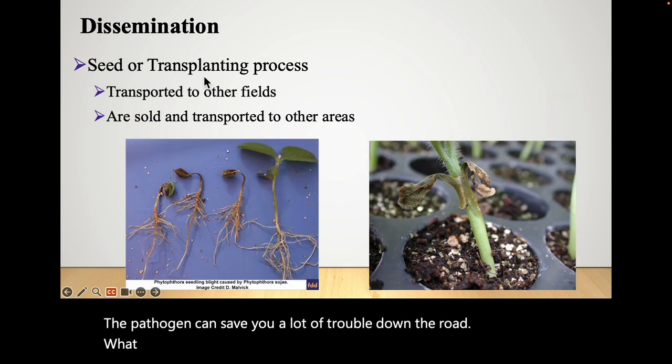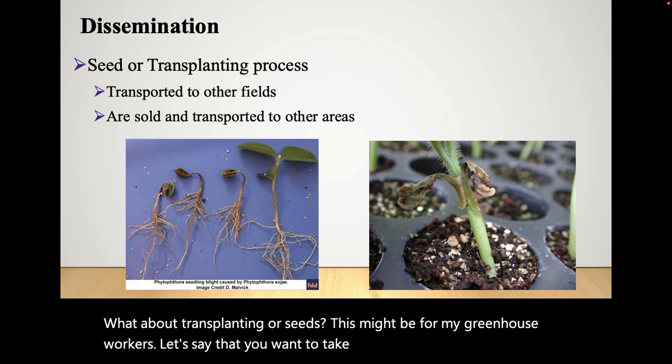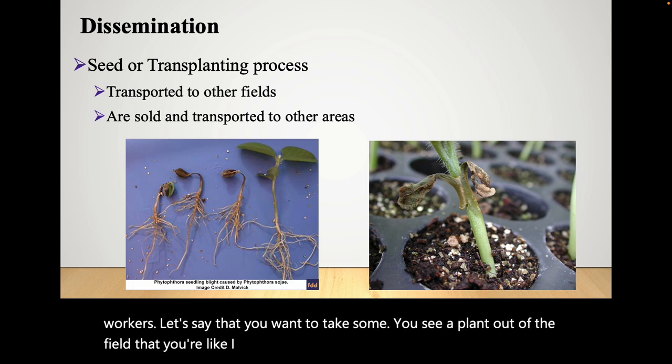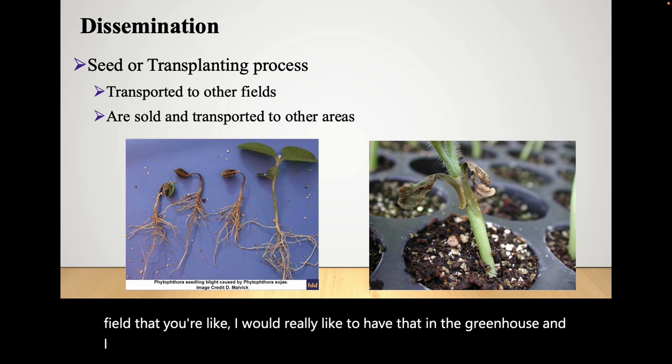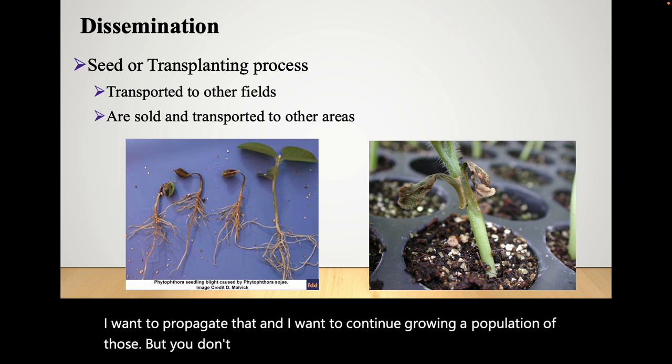What about transplanting or seeds? This might be for my greenhouse workers. Let's say you see a plant out in the field and you think, I would really like to have that in the greenhouse, and I want to propagate that and continue growing a population of those, but you don't know if it has a disease on it or not.